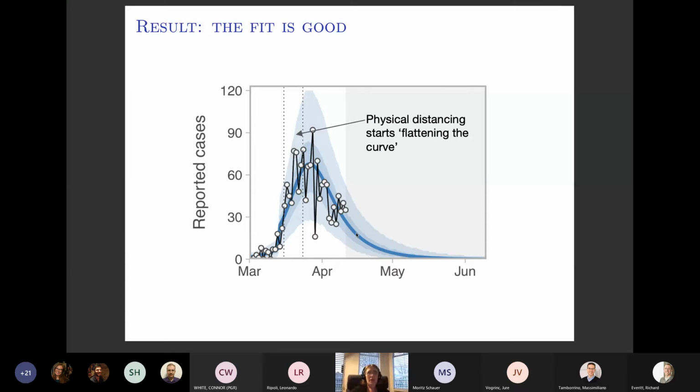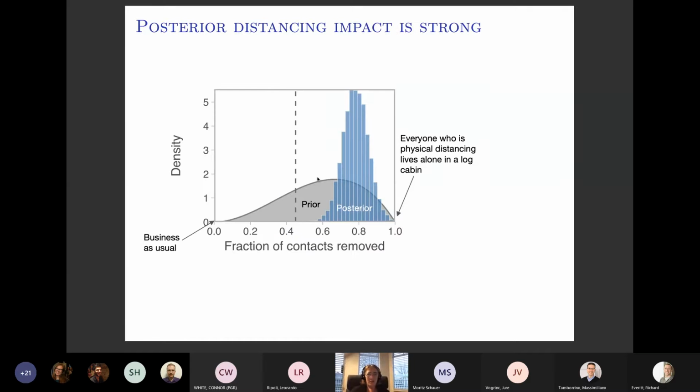BC has 5 million people, so we are about a 12th of the population of the UK, and you can estimate how well this ramp works, and it works great. So this is the histogram of the posterior fraction of contacts removed. So this is actually 1 minus F, which was a mistake to reparameterize that way, but that's where this slide is.